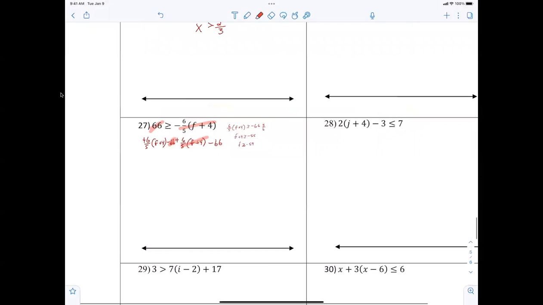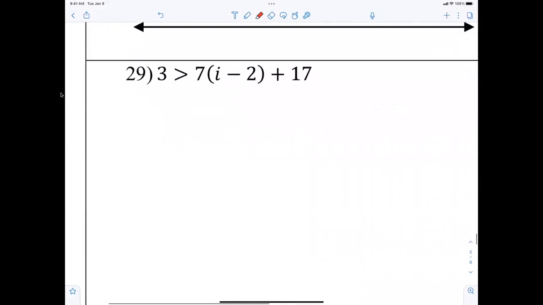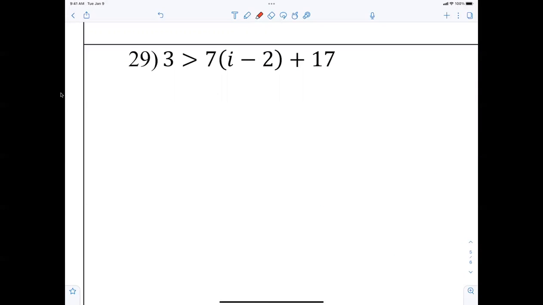All right, let's look at 29. So we can subtract 17, that's going to be what? So now here we go. Negative 14 is greater than 7 parentheses I minus 2. Now what? Divide by 7. So negative 2 is greater than I minus 2.